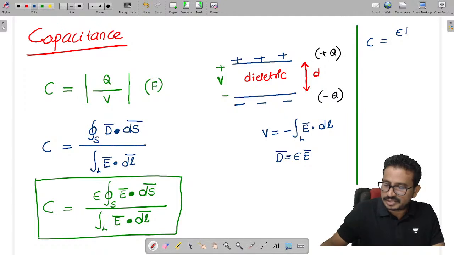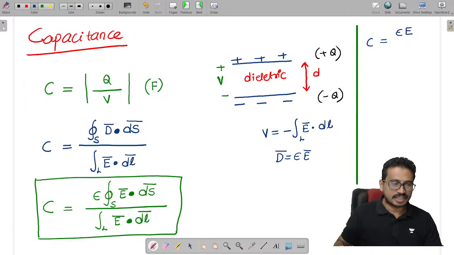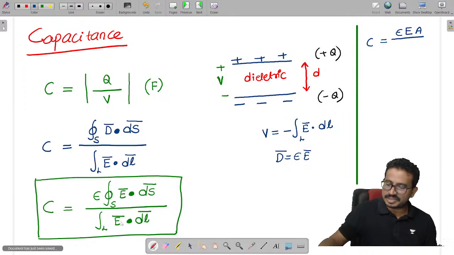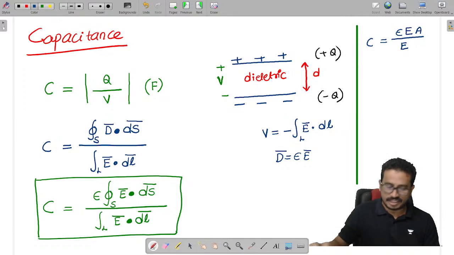Then I can write this as E and the integration of ds, which gives the surface area A, divided by E and the integration of dl, which is the length, taking it as d.